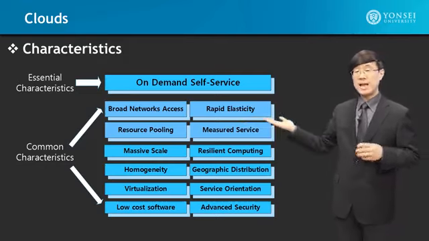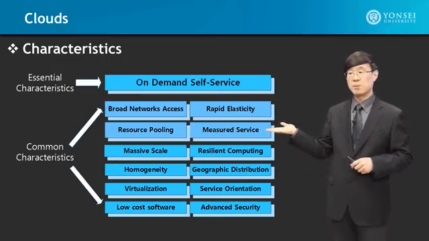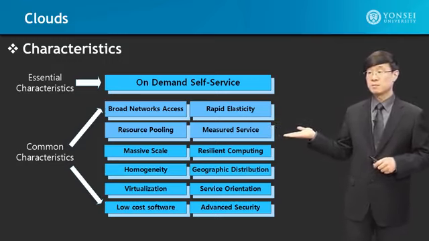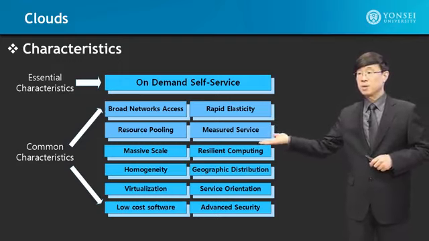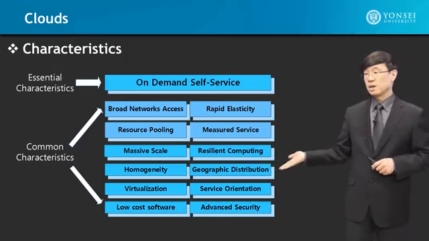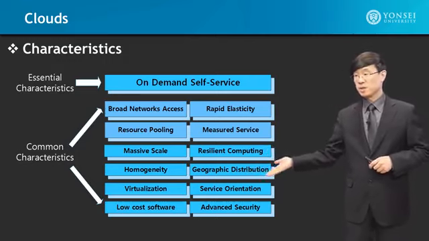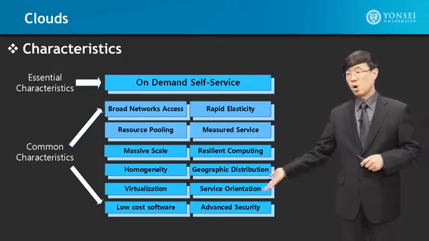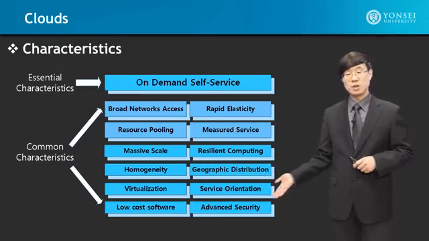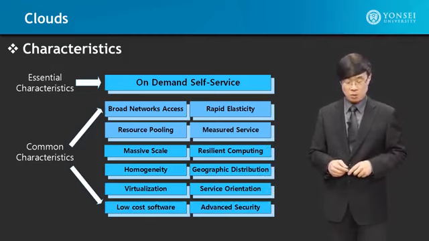Resource pooling. Naturally, you can call things in and use them together when you need to. Measured service, massive scale, resilient computing, homogeneity, also geographic distribution, virtualization, service orientation, low-cost software, and advanced security. All of these features are why cloud computing is so important.